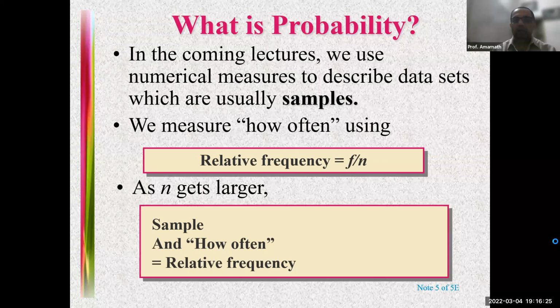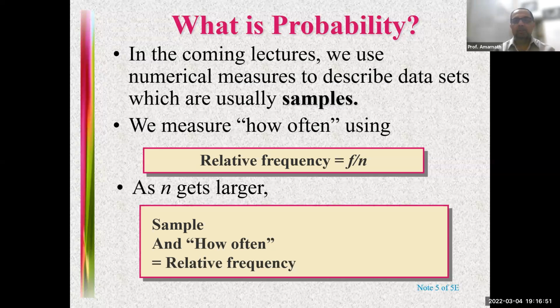So we measure how often using relative frequency, f by n. As n gets larger, how often in the sample is equal to the relative frequency. So how often we have to measure? n is the sample size, and f is some kind of assumption which we need to make. Whatever answer we get is a relative frequency.